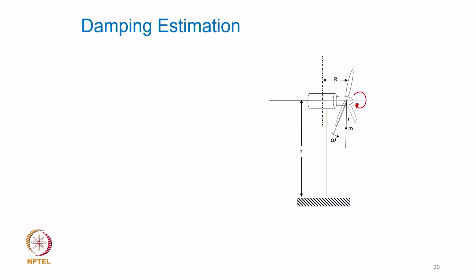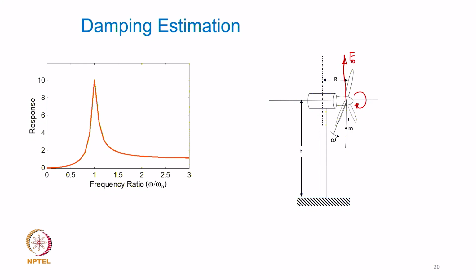These blades will inherently have some kind of unbalance, and that unbalance will create an excitation force which varies harmonically with rotation, and that is how it excites the system in a forced vibration way.